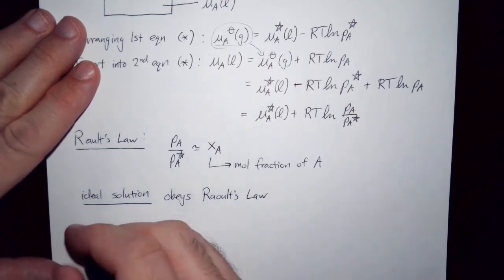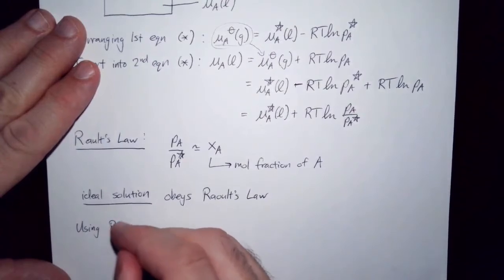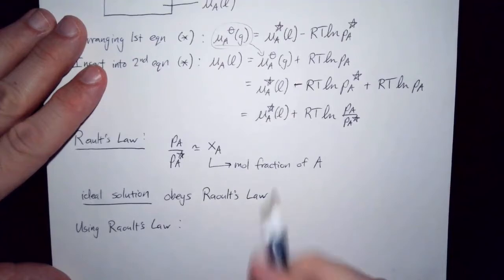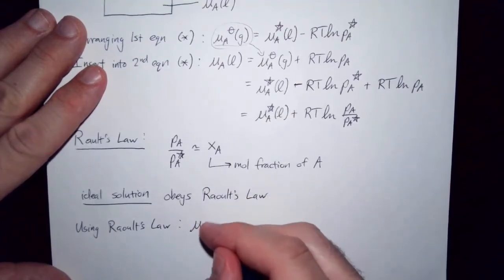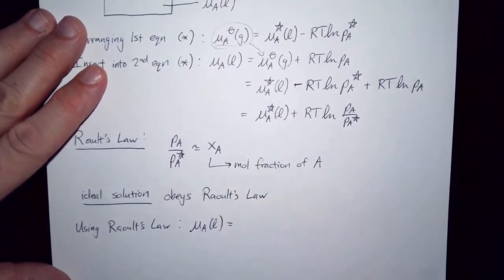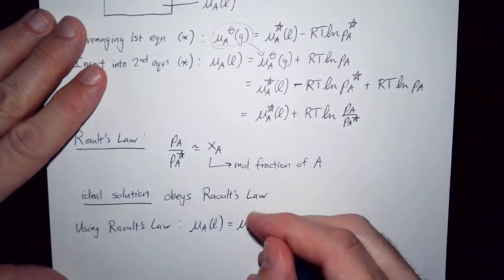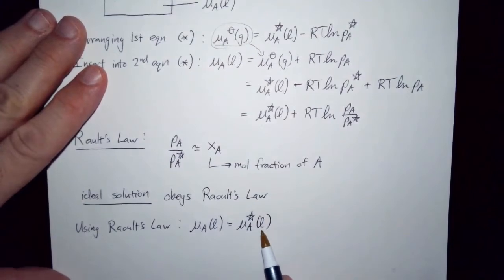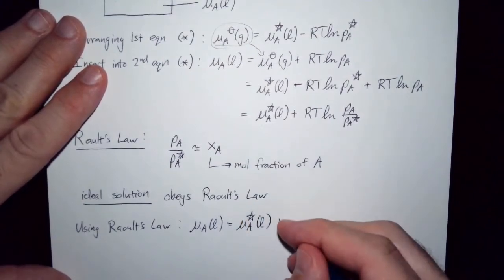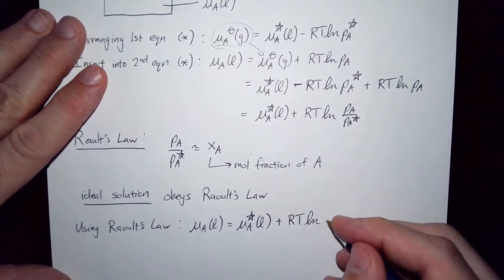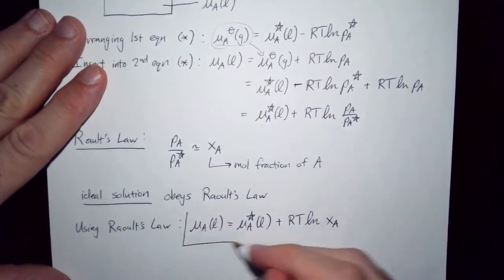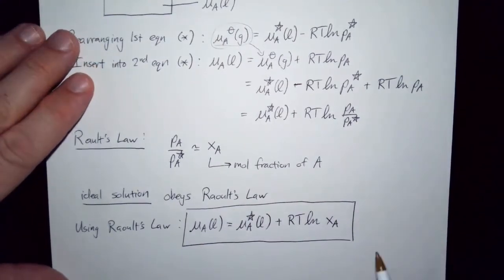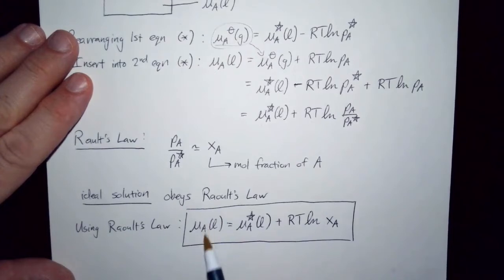Okay, so using Raoult's law, we can write this expression up here for the chemical potential of a liquid that's in a mixture as mu A star, that is the chemical potential of the substance in liquid form when it's pure, plus RT ln of the mole fraction of A. All right, so this is the chemical potential of A in an ideal solution.